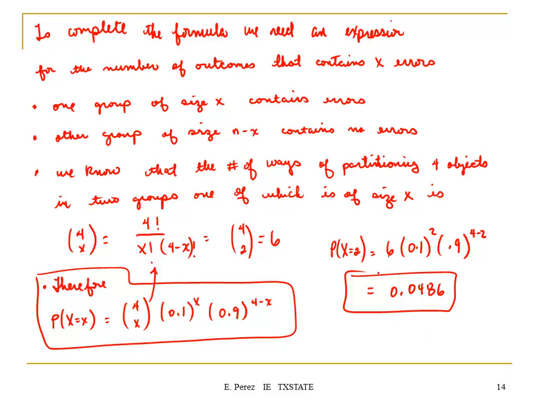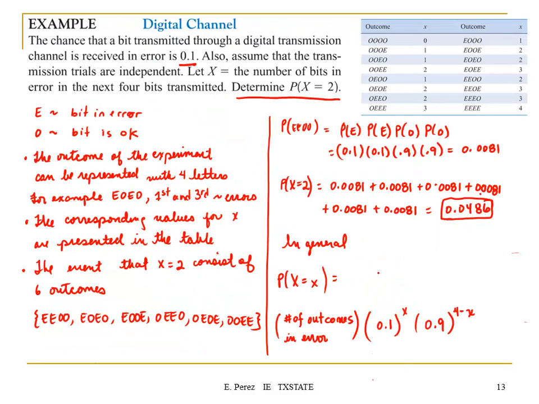On the next slide, I have the definition for the binomial, but I wanted to show you that based on the concepts that you already know, we can get to the same answer. That's what we did here.